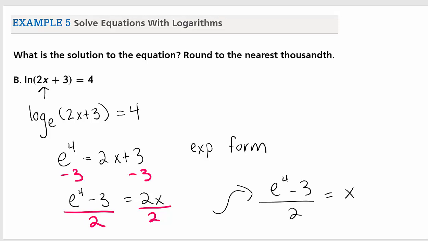Then I'm going to go to my calculator to get an approximation. Don't forget to put parentheses around the numerator, otherwise your calculator may give you an incorrect answer. So the answer is 5.799.